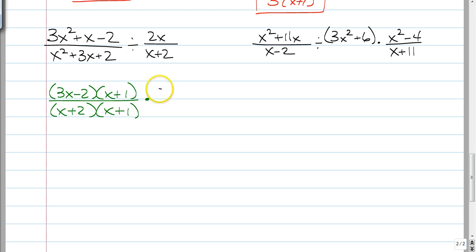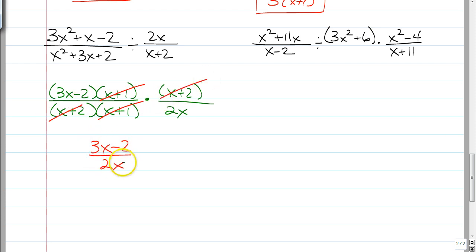So this is actually x plus 2 over 2x instead. And now you go right back to canceling anything on the top with anything on the bottom. These x plus 1s cancel, these x plus 2s cancel, and you are left with 3x minus 2 over 2x. That's it. You are good to go.